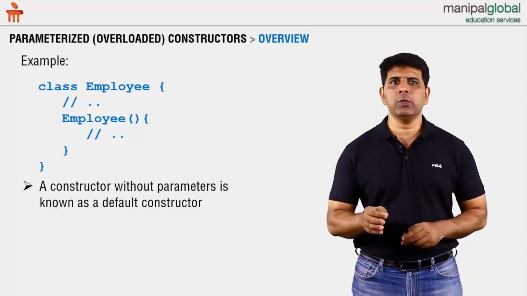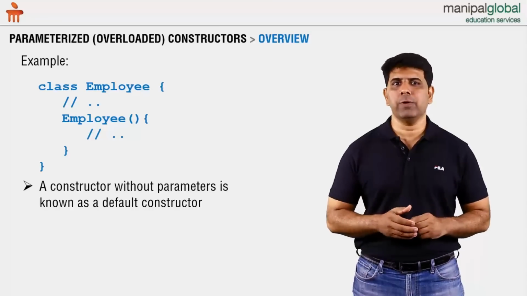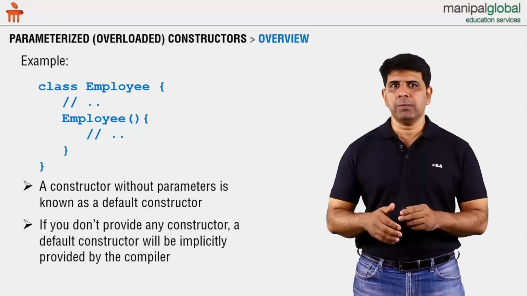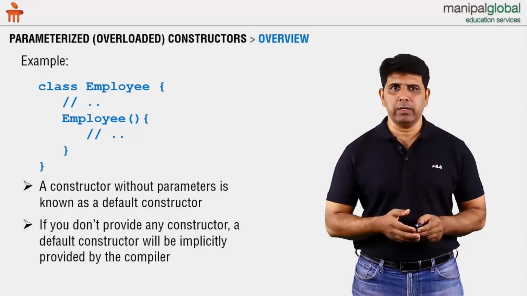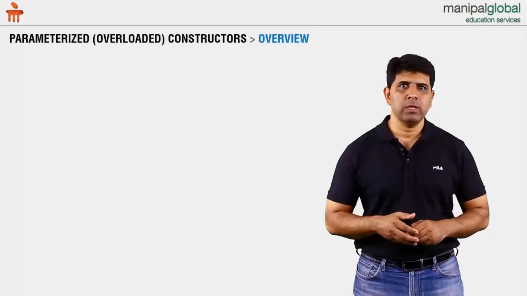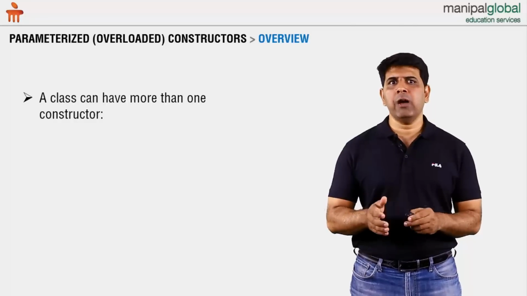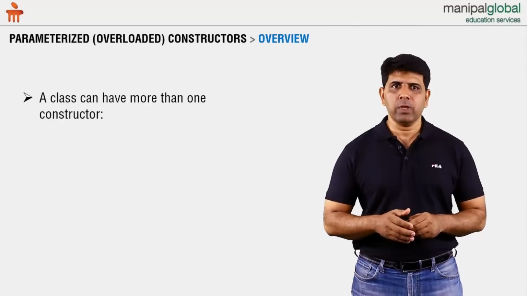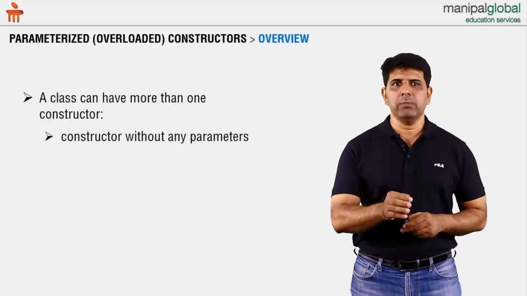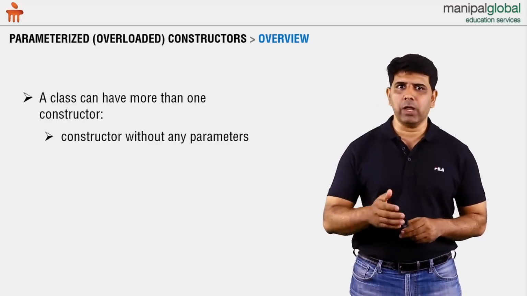A constructor without parameters is known as a default constructor. If you don't provide one, the compiler automatically provides one, and this is called an implicit default constructor. A class can have more than one constructor, but you have to keep certain points in mind. There can be a constructor without parameters, which is the default.